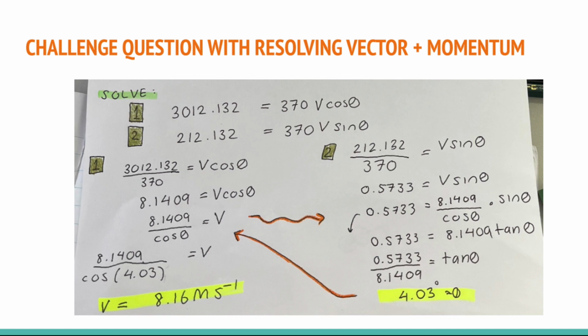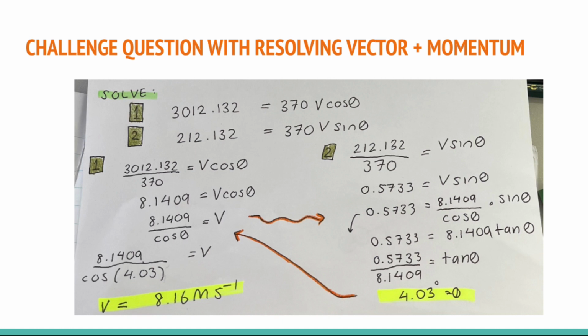On this side we brought the 370 to divide 212.132, which I worked out to be 0.5733, equals v sin theta. As we know, v from our rearranging is 8.1409 divided by cos theta, so I substituted this in, multiplied by sin theta. As we know, sin theta divided by cos theta is tan, so that's why I changed it into a tan.